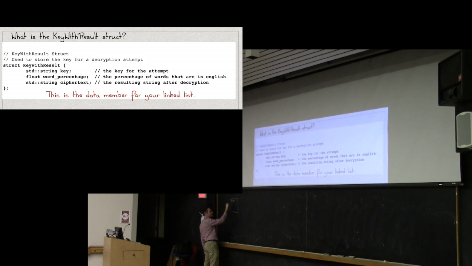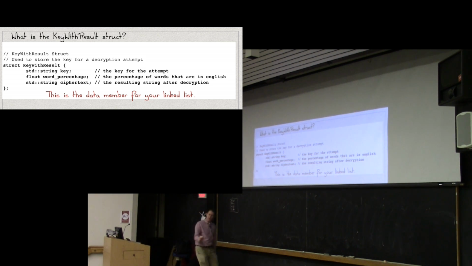In fact, it is. You'll see in a minute. It's got 3 things. It's got a key. It has a word percentage, I'll abbreviate WP. And it has a ciphertext, which should be plain text, but I'll abbreviate it CT for now. OK? That's the actual data we're trying to store for each word that we're trying to use to decrypt. OK? It's a struct like this.